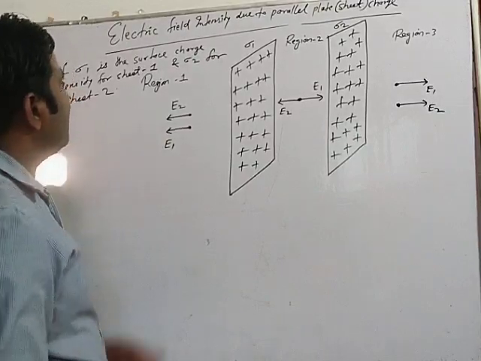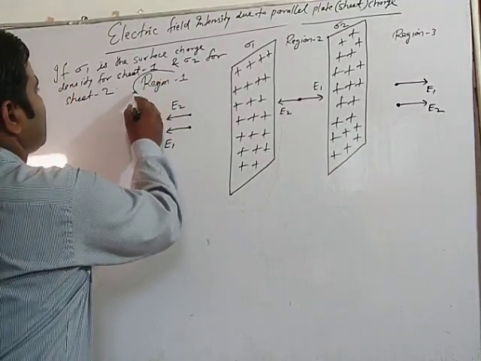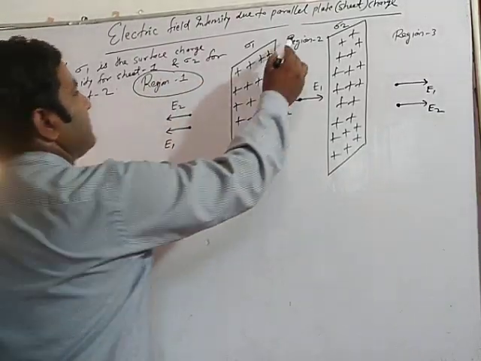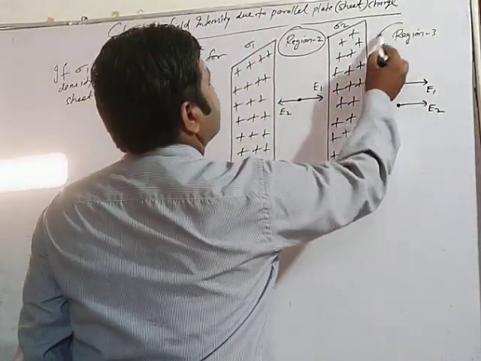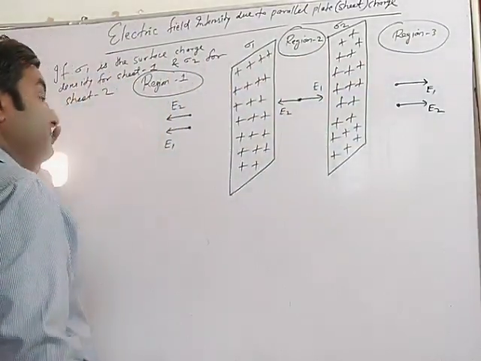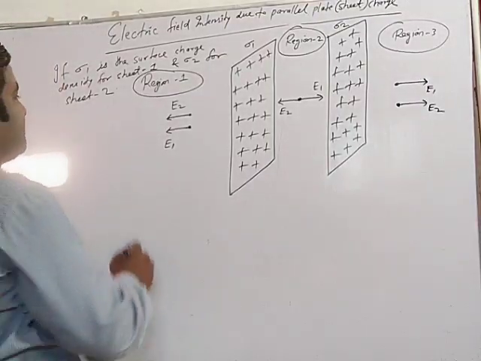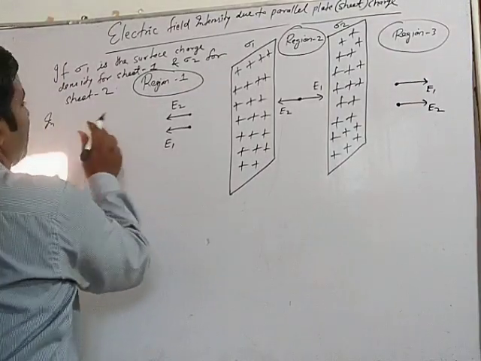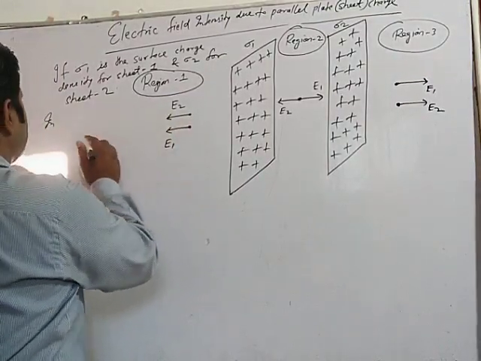This is region 1, this is region 2, and this is region 3. In region 1, the total electric field intensity: once E1 and E2 are clear, the total will also be clear.